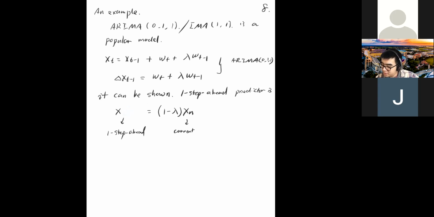To make the notation consistent, x_{t+1}^t equals (1 minus lambda) x_t, the current x value, plus lambda x_t^{t-1}. So this is your current one step ahead, and this is your previous period one step ahead.